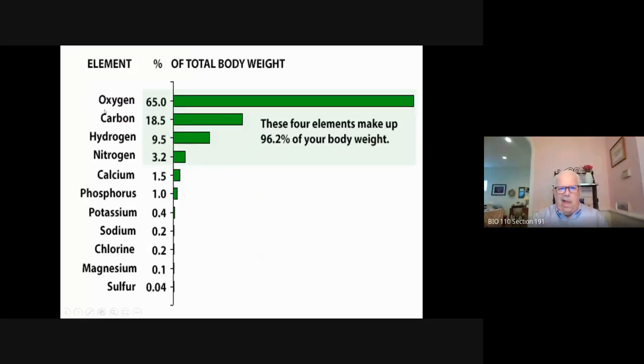Here's number 1, oxygen. Number 2, carbon. Number 3, hydrogen. Number 4, nitrogen. And boom, number 5, calcium, the fifth most common element in your body.